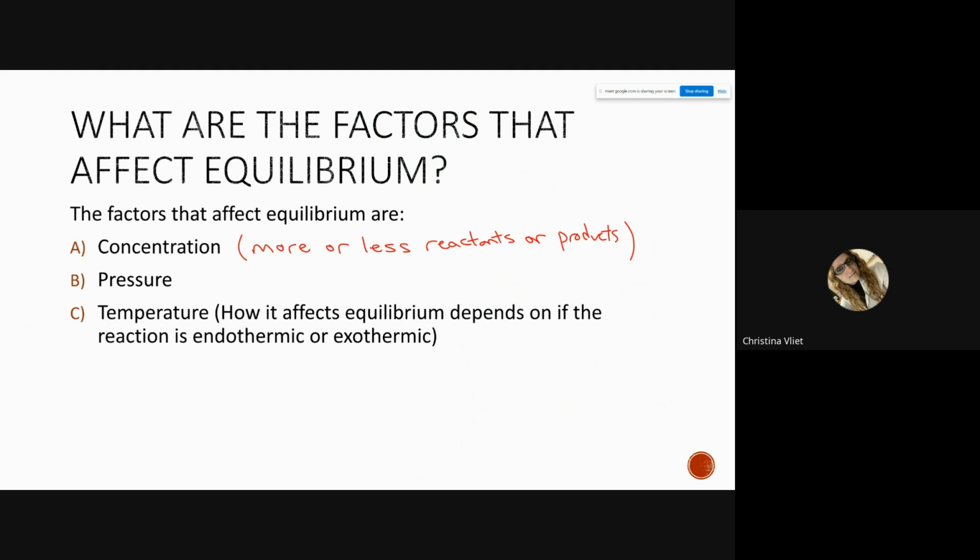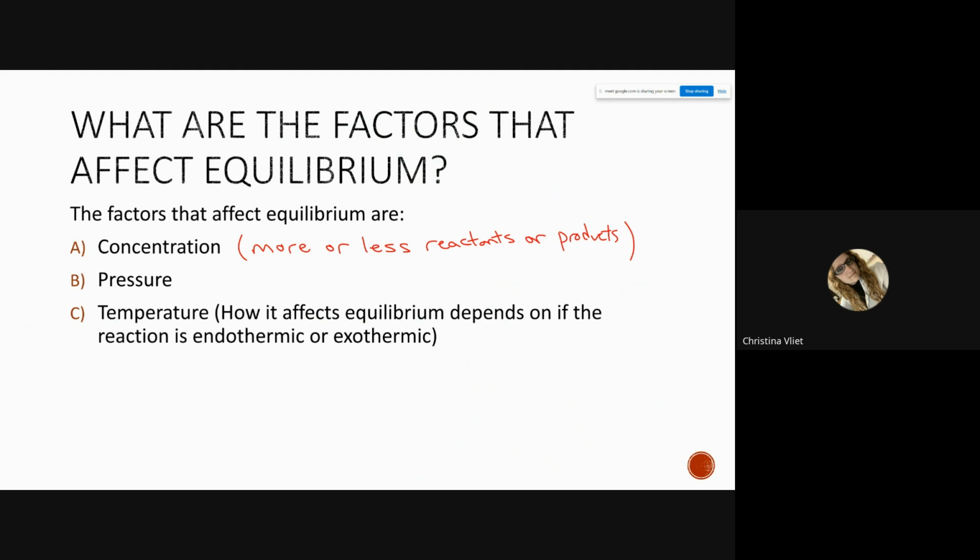We can change the pressure. What does that mean when we change the pressure? What are we doing by changing the pressure of the system? What is pressure? If we increase pressure, what does that mean we're doing? We're pushing the molecules closer to each other, right?